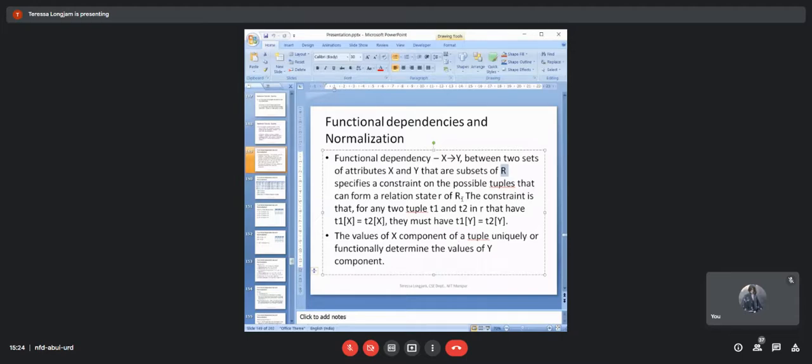A relational schema is the name of the relation along with the name of the attributes, isn't it? Whenever we are writing a query, whatever I have given to you in the question, that is a relational schema. You have the name of the relation along with the attributes. And a relation state, what is a relation state? Is it a set of tuples? Yes, it is a set of tuples at an instant of time.